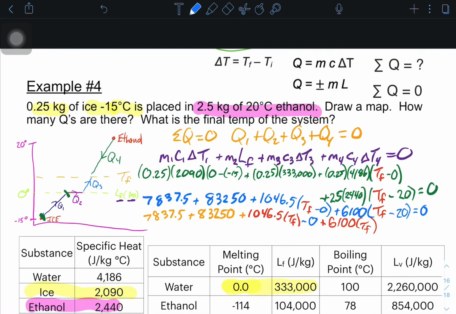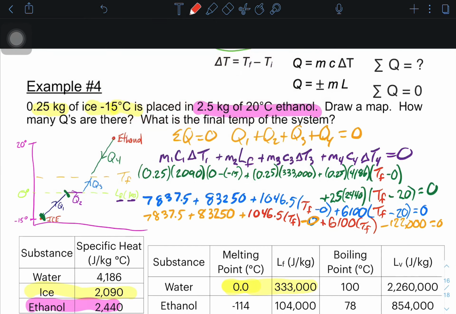And then we distribute that with the 20, and we get negative 1, 2, oops, that was supposed to be orange. And that's going to be minus 122,000, which is equal to 0. That should have been orange as well.